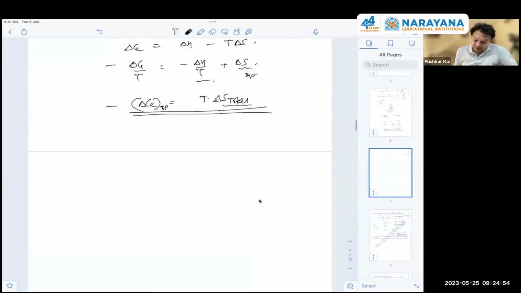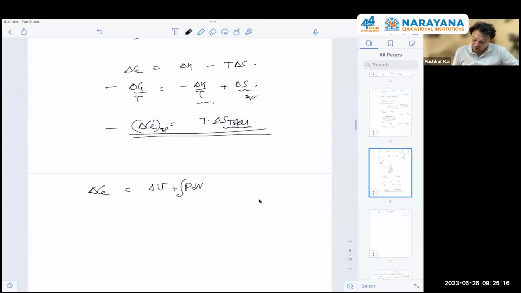Same thing. So delta G is equal to, if non-PV work is involved, then delta U plus PdV term will be there. And if it is constant temperature and pressure, then of course the PdV term will be there, and minus W dash non-PV and minus T delta S. Should I write it like this?